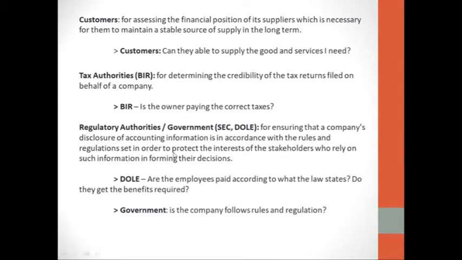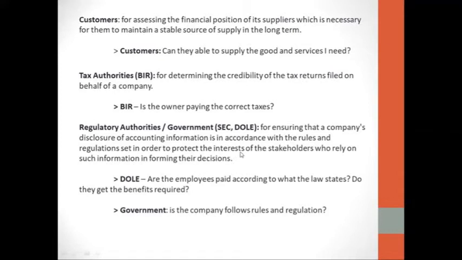For ensuring that the company's disclosure of accounting information is in accordance with the rules and regulations, in order to protect the interests of the stakeholders who rely on such information in forming their decision. So si DOLE kasi, siya ang pinakatakbuhan ng mga employees, especially if they are not treated well. So the DOLE should answer the question, are employees paid in accordance to what the law states? Do they get the benefits required?